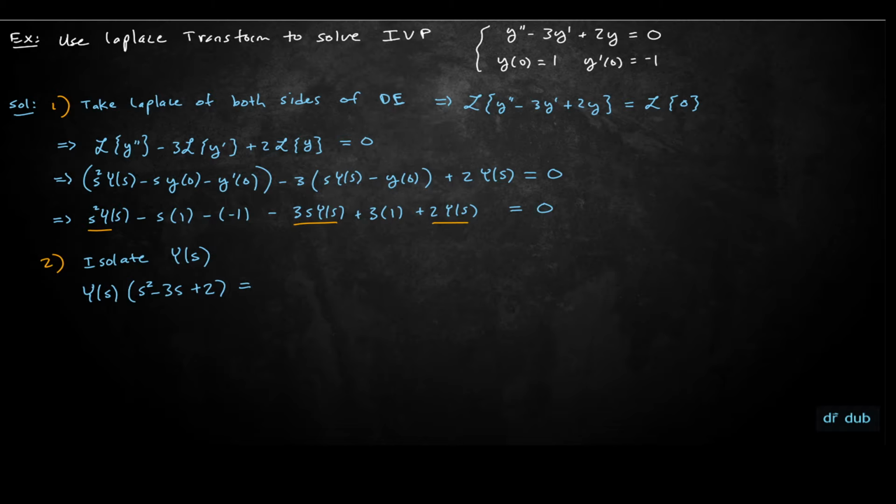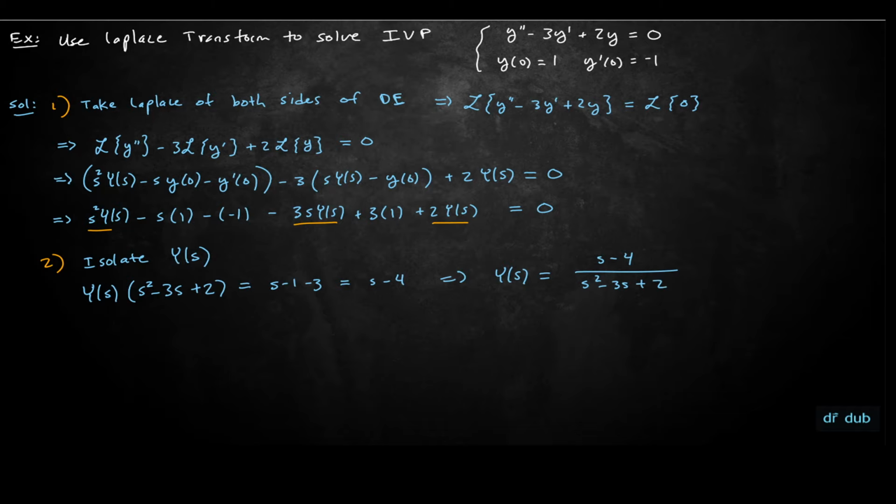And now I'll move everything else to the right hand side, so that's s minus 1 minus 3, which becomes s minus 4. And now I can isolate capital Y of s by dividing both sides by s squared minus 3s plus 2.